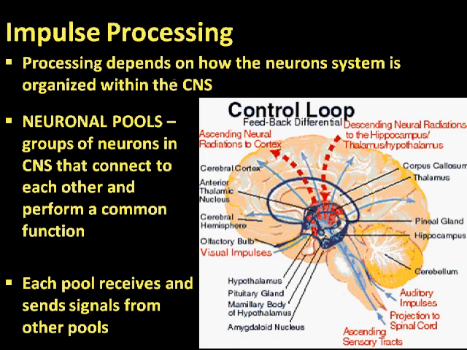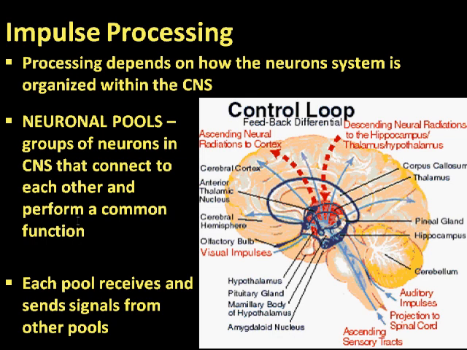The processing of those action potentials is dependent on how the nervous system is organized, and so you can see a diagram here that you should be familiar with some of these things, but the difference here being auditory impulses, visual impulses, olfactory impulses, and other things entering the brain. These neuronal pools are just groups of neurons in the CNS that basically connect each other and perform a common function.